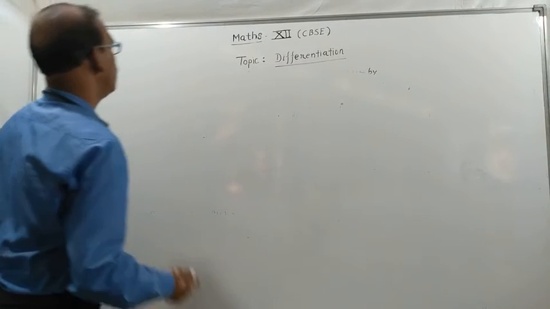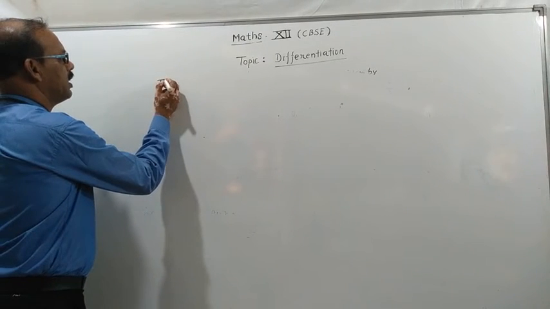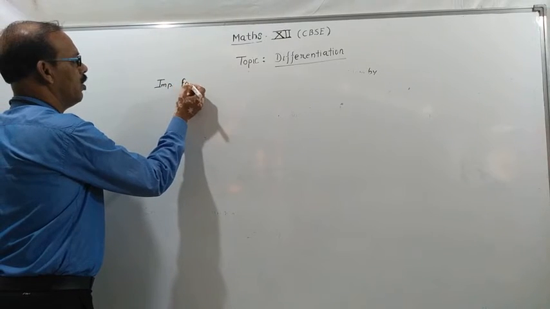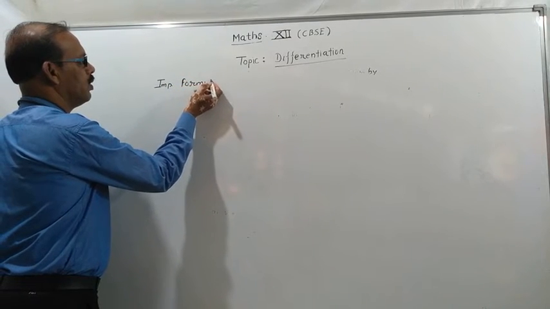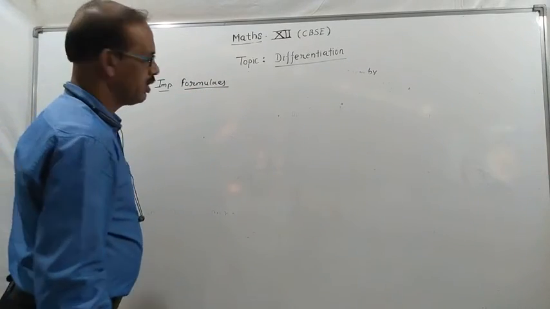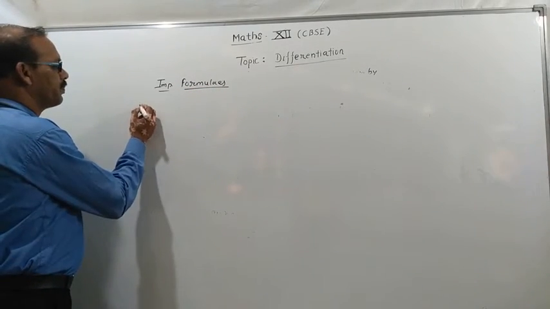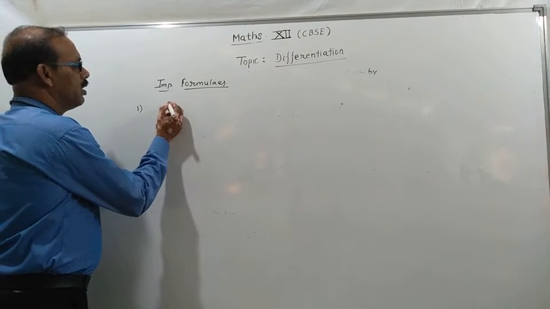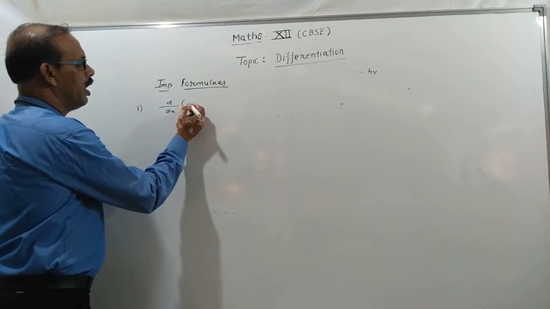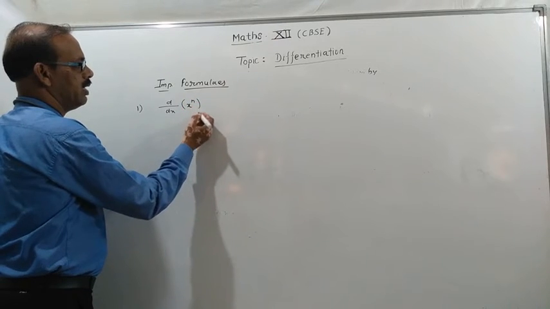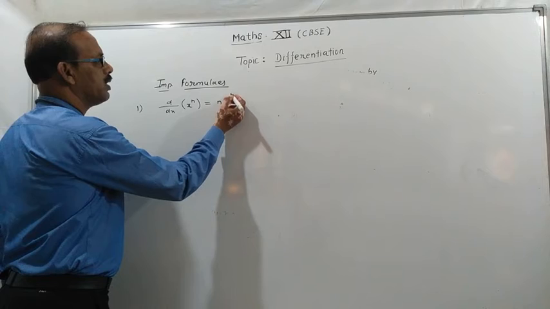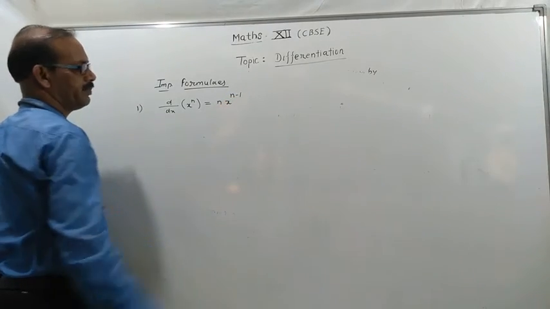Now the important formulas for differentiation. Formula number 1: d/dx of x to the power n can be expressed as n x to the power n minus 1.